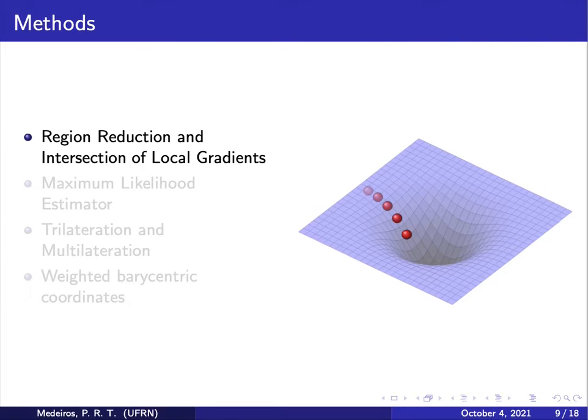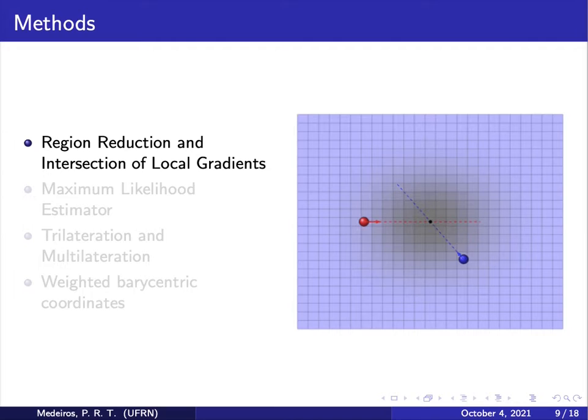The local gradient intersection method indicates an estimate of the target's position according to the intersection between two local gradients. These methods make use of three possibilities. The first one uses the 8 positions around the fovea. The second possibility uses the 4 positions up, down, left, and right. And the last one uses the 4 diagonals.